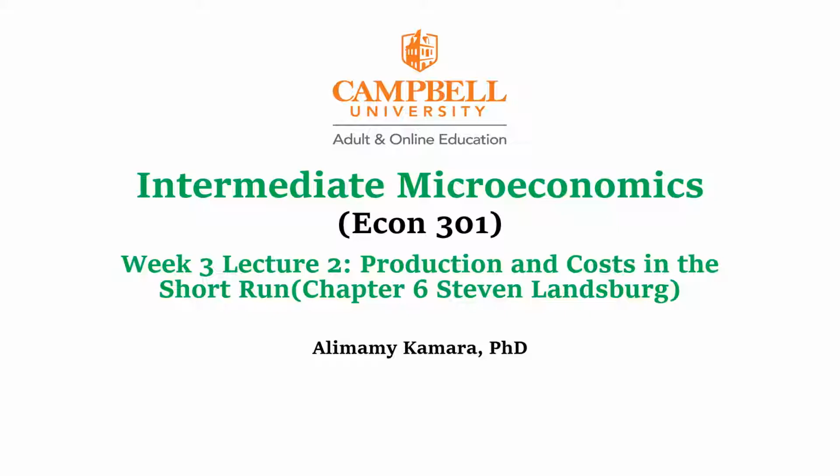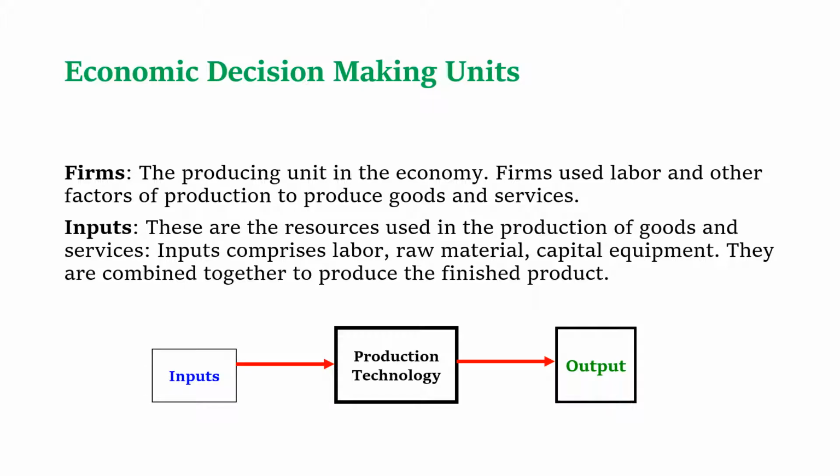Now, the inputs that are used in the production of output are referred to as resources. Inputs comprise labor, raw material, and capital equipment, and the farm combines these inputs with the appropriate technology to produce a given level of output.